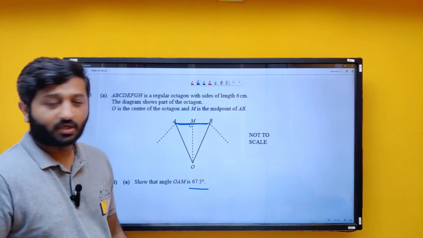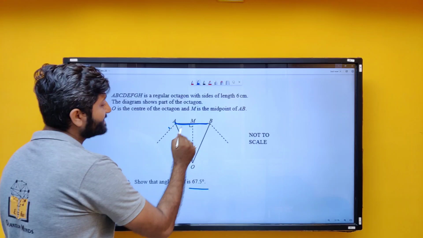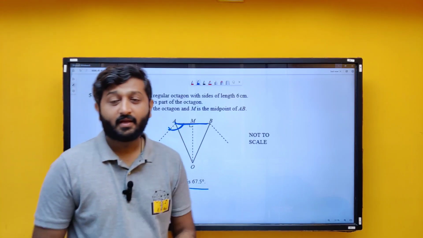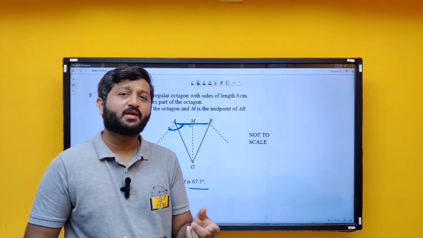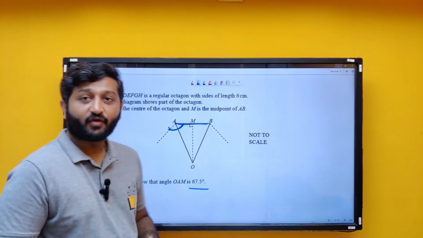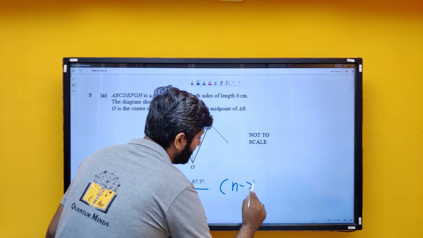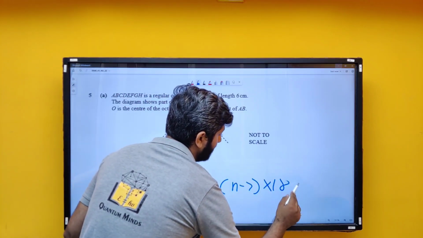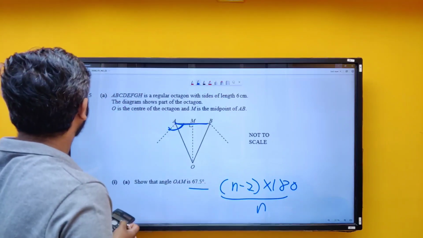Now guys, this is an octagon, right? This is the diagonal. The diagonal bisects the angle of the octagon, but for that I'll have to find each interior angle of the octagon. Each interior angle is given by n minus 2 into 180 divided by n, where n is the number of sides.